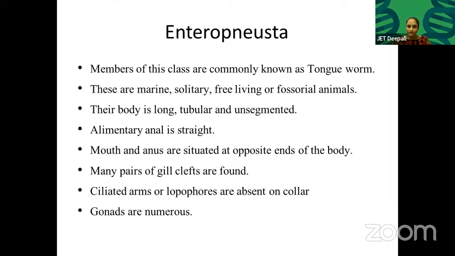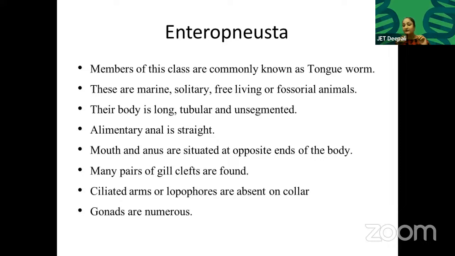Their body is long, tubular, and unsegmented. I have shown you in the diagram that they are long, tubular, and not segmented. They are only divided into three parts, proboscis, collar, and trunk, which is not segmentation. When we talk about segmentation, we mean the earthworm kind of segmentation.